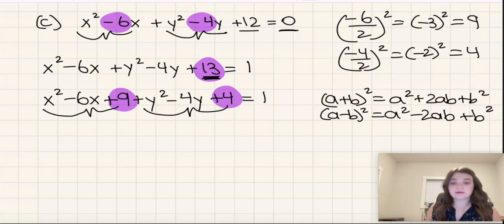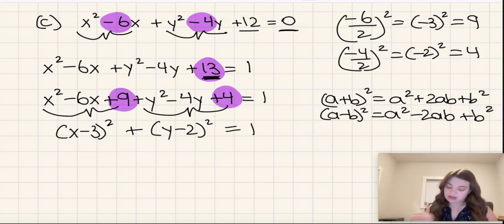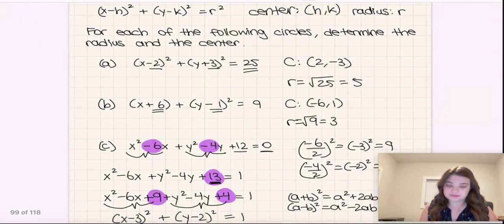So if we use that formula for the x terms, we get (x minus 3) squared. And if we do that for the y terms, we get (y minus 2) squared. And there we go. So now we have completed the square and we now have this in the proper format. So now I'm just going to go back to our original general equation here, back up to the top, and remind myself that the center is going to be (h, k) and the radius is going to be r.